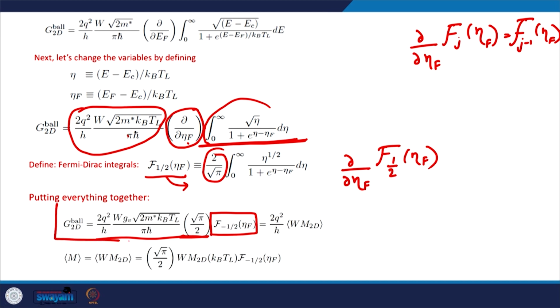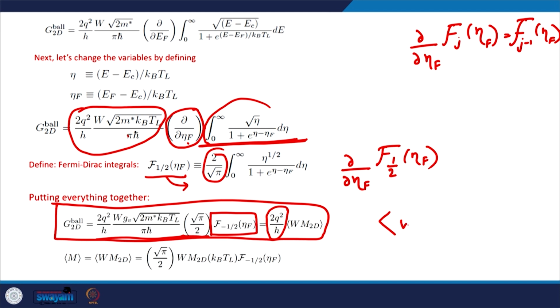Okay. So finally, the conductance of a wide ballistic conductor at normal temperatures above 0 Kelvin is given by this expression. In this expression, please keep in mind that apart from this constant term 2q squared by h, everything else is written as some sort of average of W times m2D, where this average of W times m2D is square root of pi by 2 times W m2D evaluated at kT, times the Fermi-Dirac integral of order minus half.